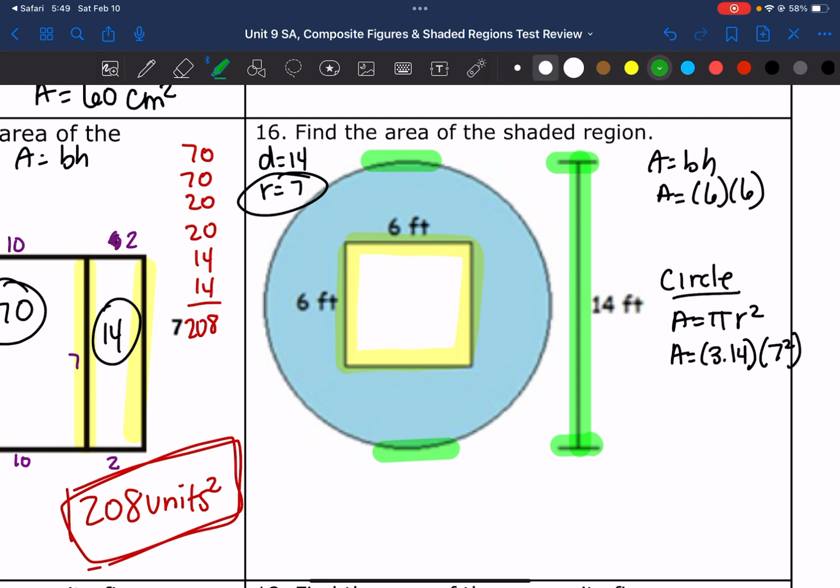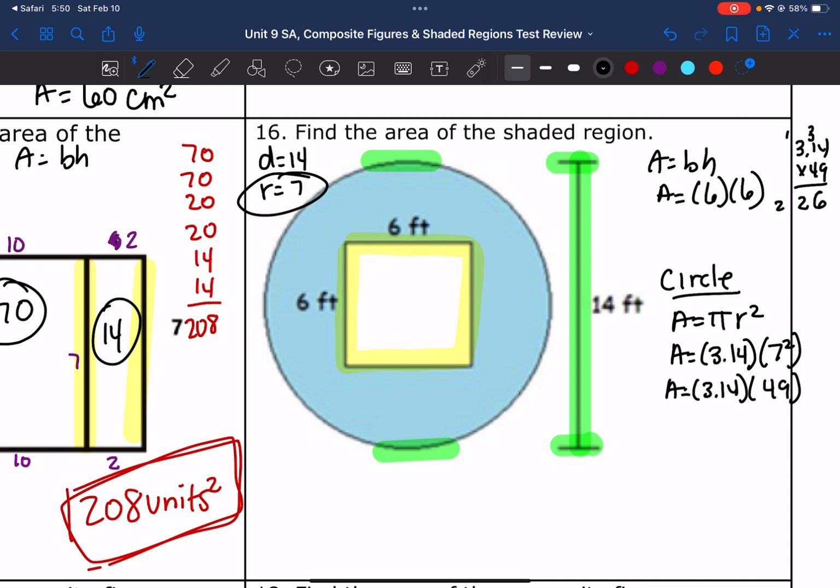Actually, let's use 3 just to estimate, okay? No, we're going to use 3.14, just kidding. Okay, 3.14, 7 times 7 is going to be 49. So let's do 3.14 times 49. 9 times 4 is 36. 9 times 1 is 9. 10, 11, 12. 3 times 9 is 27, excuse me.